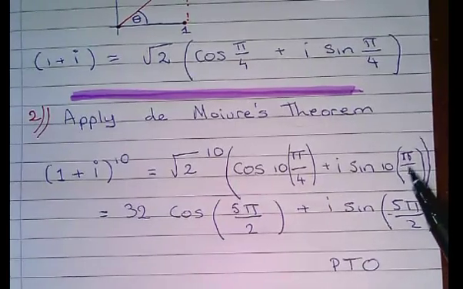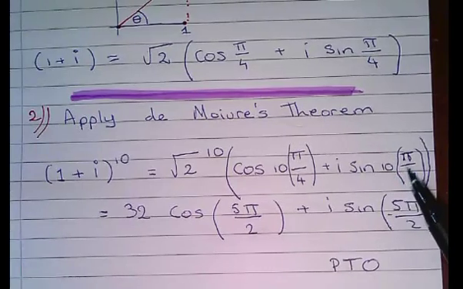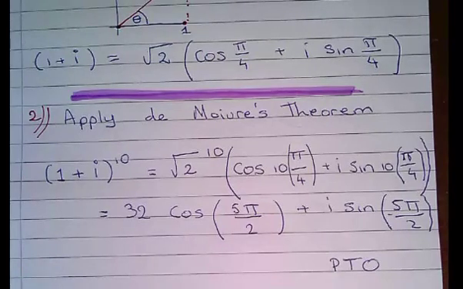Likewise, we get the same over here, 10 times pi over 4, 5 pi over 2. And working that out will give us 32. 32 times cos 5 pi over 2 plus i sine 5 pi over 2.